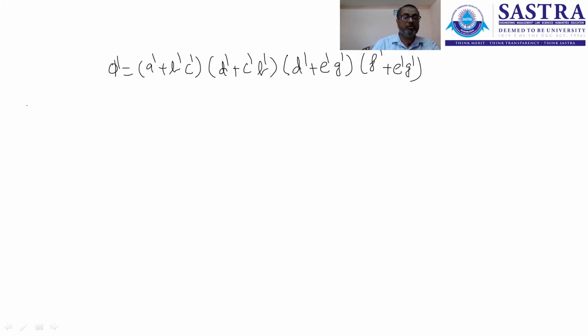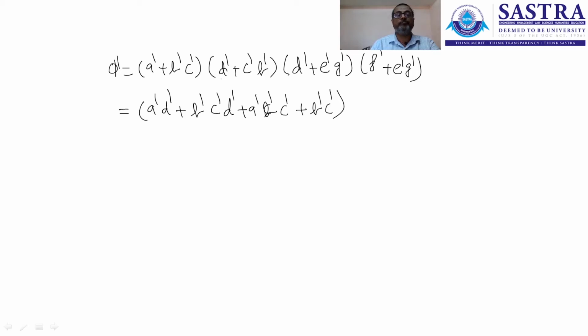So now I will simplify the first two terms: A'D' + B'C'D' + A'C' + A'B'C' + B'C'. This is again A'B'.